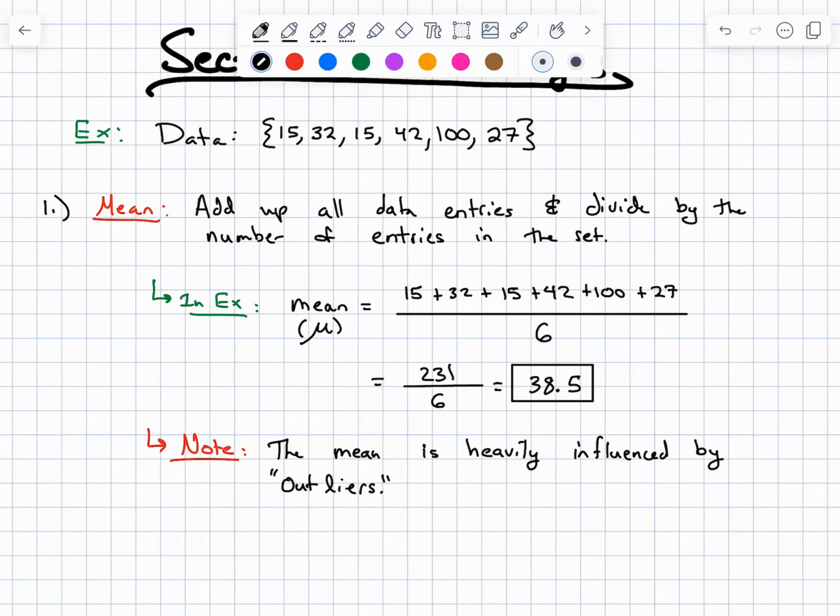I've got an example later in our notes that has to do with exactly this, but suffice it to say, if you have a data set and all the data values are really, really close together and you have one value way off in comparison, the mean will get very, very skewed because of that.